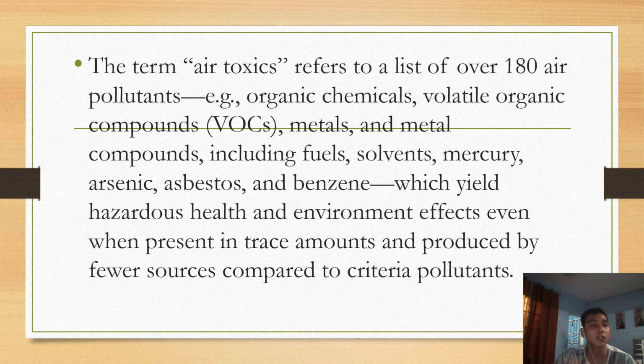Next, the term air toxics refers to a list of over 180 air pollutants. Examples of this are organic chemicals, volatile organic compounds or VOCs, metals and metal compounds, including fuels, solvents, mercury, arsenic, asbestos, and benzene, which yield hazardous health and environmental effects even when present in trace amounts and produced by fewer sources compared to criteria pollutants.